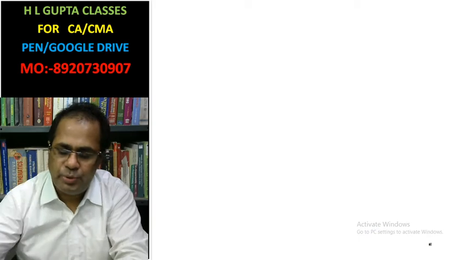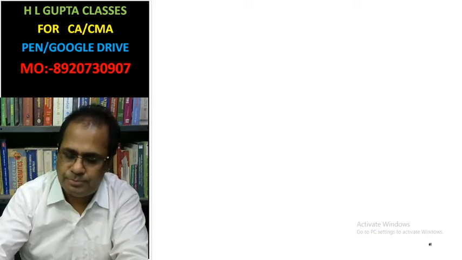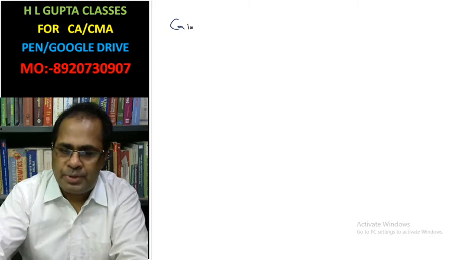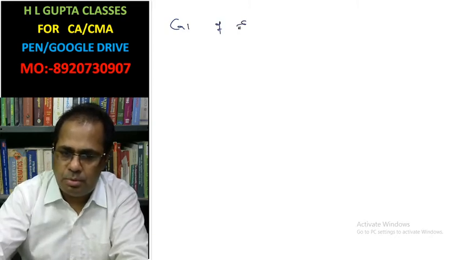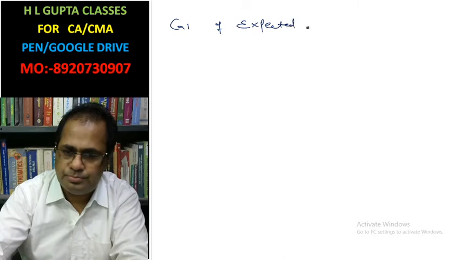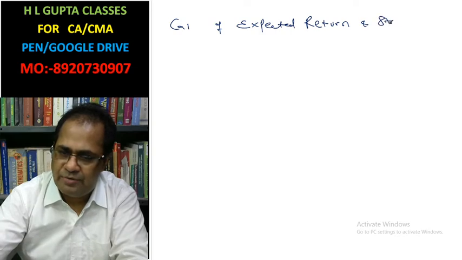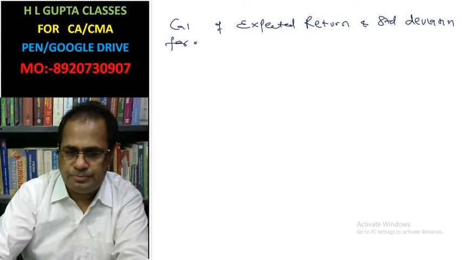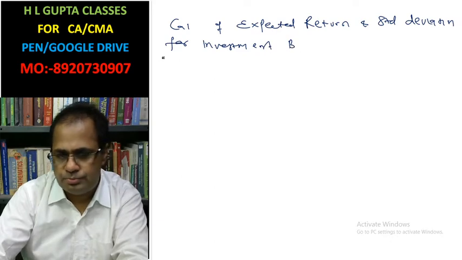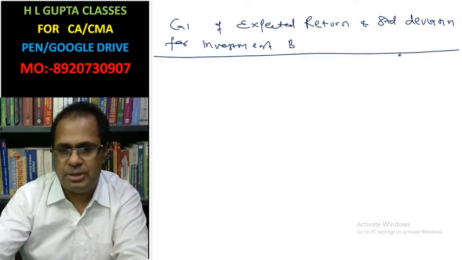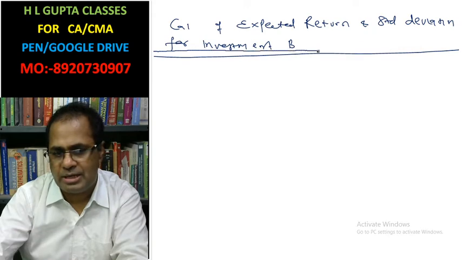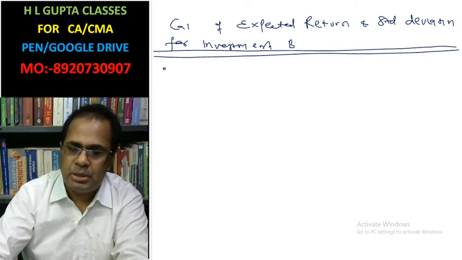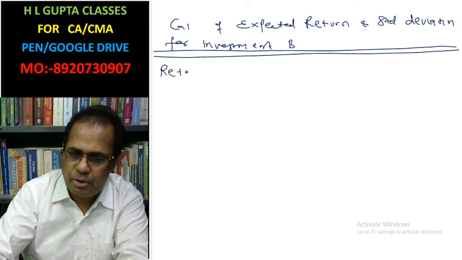Exactly the same way we can calculate the expected return and standard deviation for investment B. Okay, I am going to calculate the standard deviation and expected return for investment B. So here, what is the return of B?